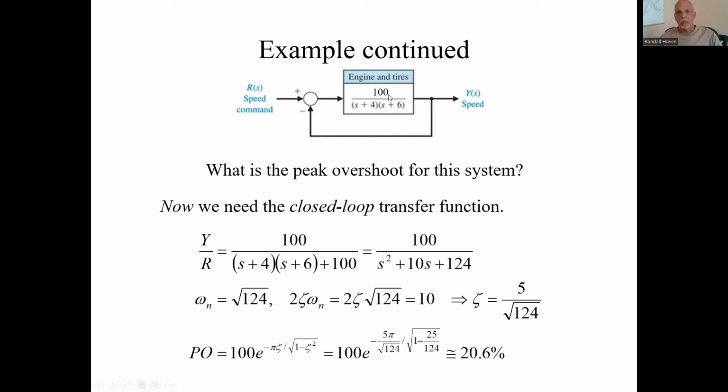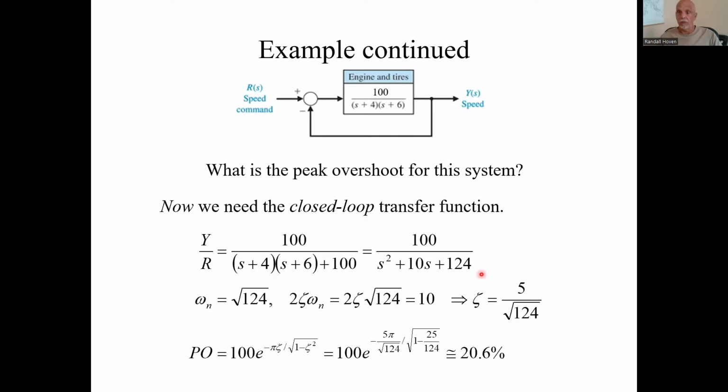Since it's unity feedback, it will just be this numerator over this denominator plus that numerator. That's the simplified version when you've got unity feedback: this numerator, 100, over this denominator, s plus 4, s plus 6, plus that numerator.